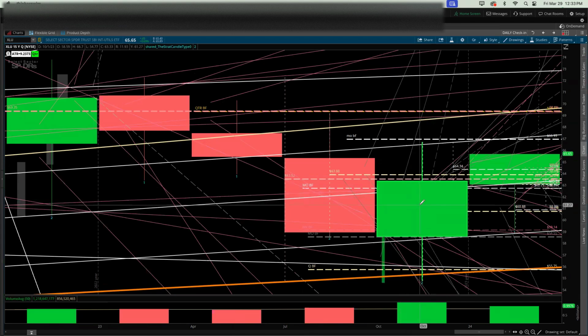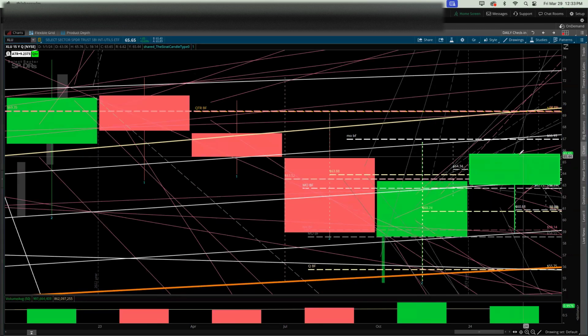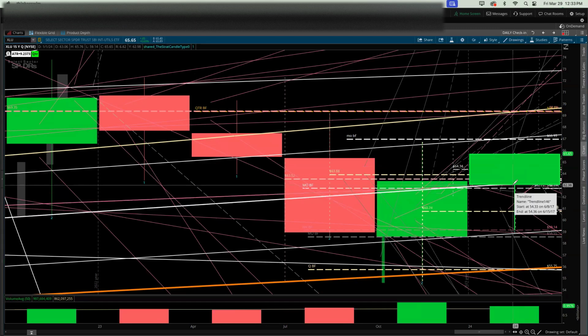So what does this suggest? In my mind, this suggests more upside, because we have Q4 of 2023 rejecting a quarter floor, or a quarter support level. We came back up and now we have a bullish inside quarter.